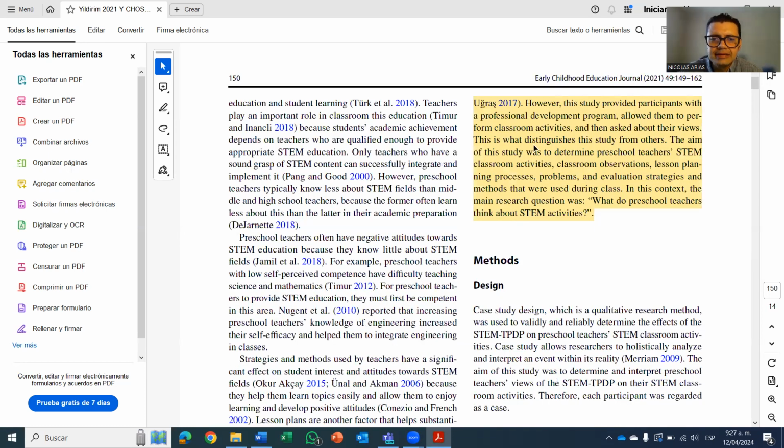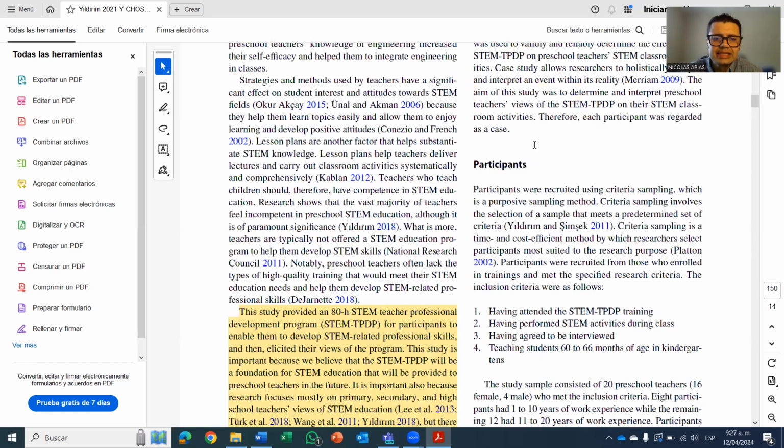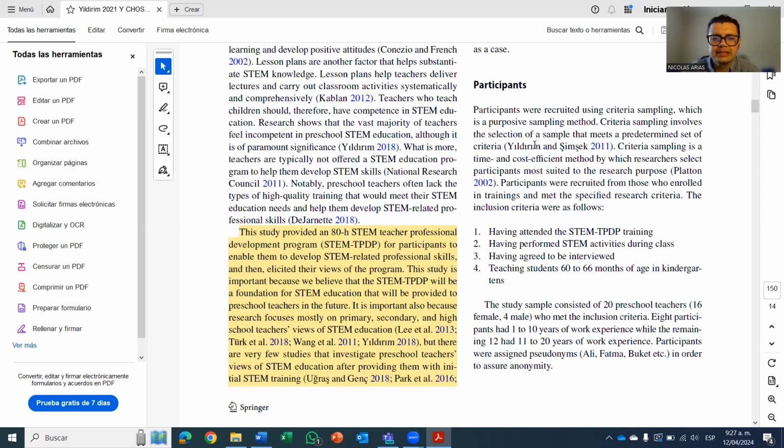We can see, for example, that they say, since they are describing the study, that this study provides an 80-hour STEM teacher professional development program to participants to enable them to develop STEM-related professional skills and then elicit their views on the program. This study is important because we believe that the program will be a foundation for STEM education that will be provided to preschool teachers in the future.